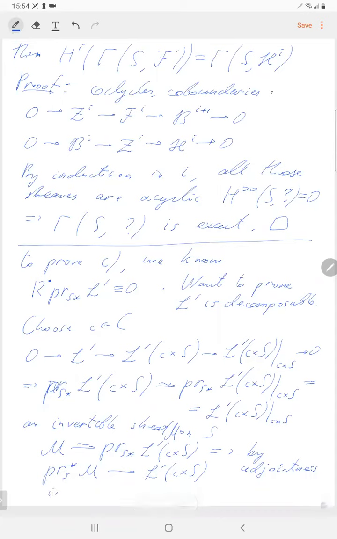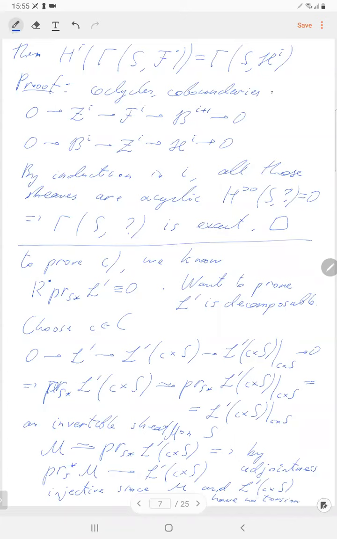So it's injective, since M and L prime twisted have no torsion.